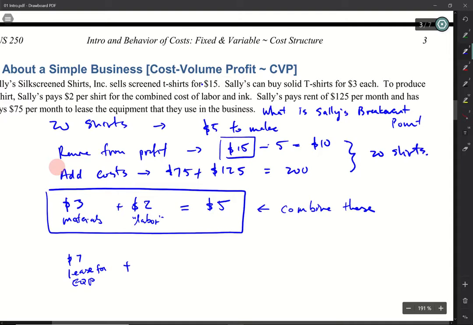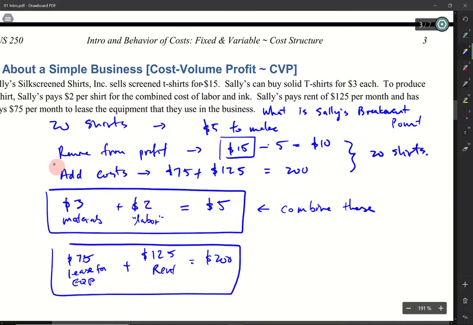No, sorry. So this is the 75 lease for equipment, and the $125 rent. Okay. And so you combine these.